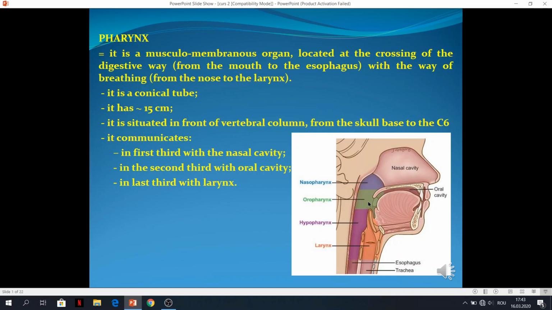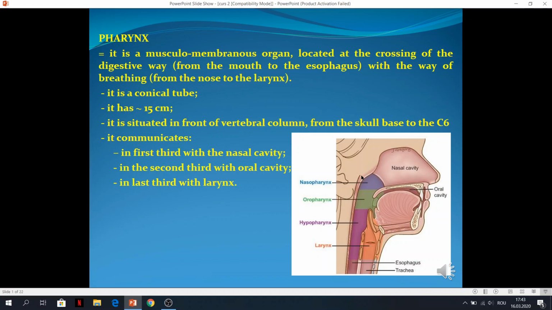Of course, it is a musculomembranous organ, so we can say that it starts from the skull base right here, and it is followed by the esophagus. Not very long, usually 15 centimeters, and it's visible that it has a part inside the head.